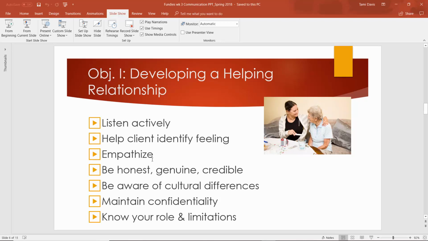So how do we develop a trusting relationship or a helping relationship? Well, it's important to develop rapport with our patients. This allows them to trust us and get the most out of the nurse-patient relationship. So this slide lists some ways to develop a helping relationship. And just remember as you read through it that patients can sense when nurses aren't sincere or don't really want to be working with them.